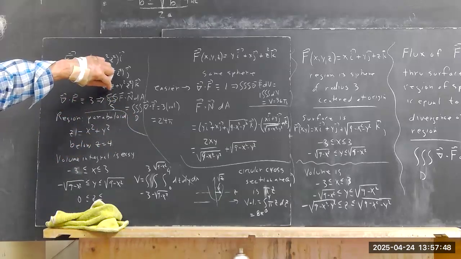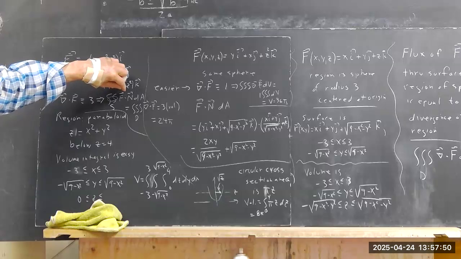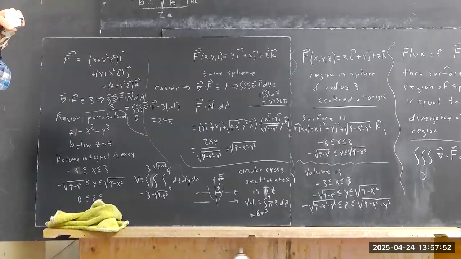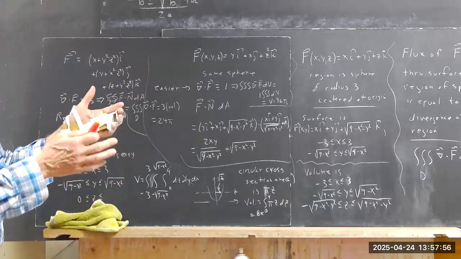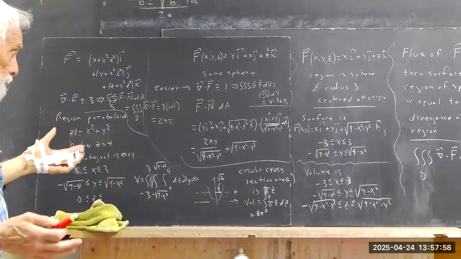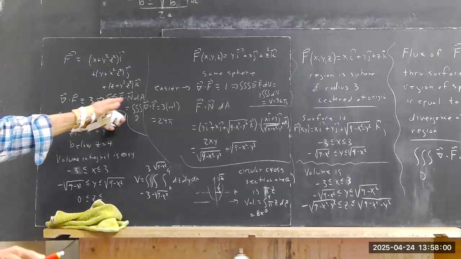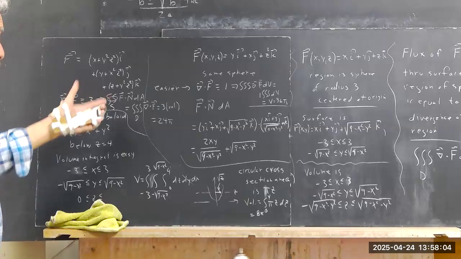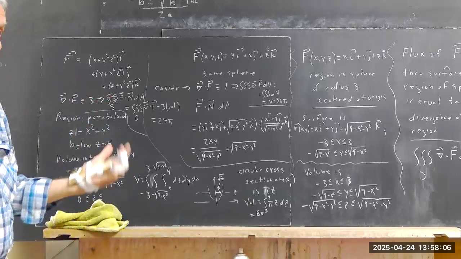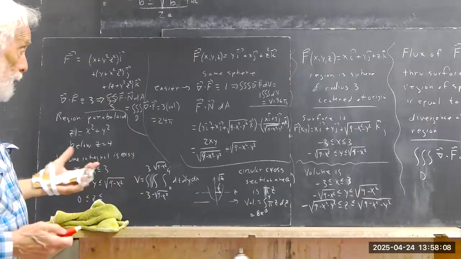There's my picture of it. It means it is the integral of the normal component through this paraboloid, which is kind of complicated. The direction of this function is a little weird. It's got some symmetry to it. It's not that weird.